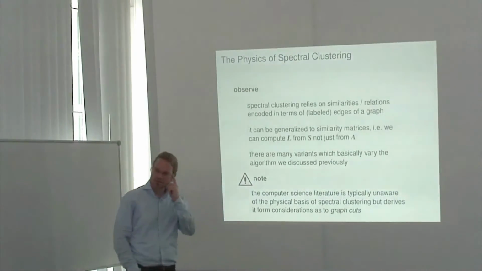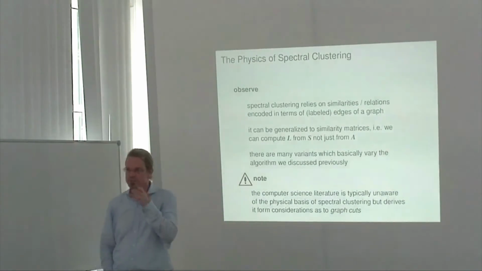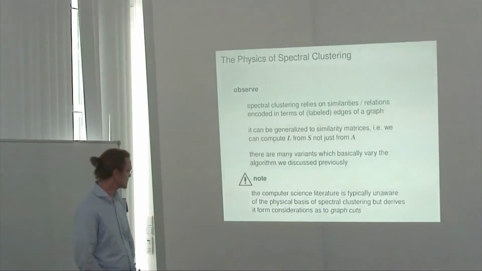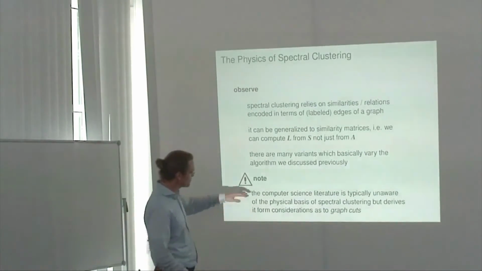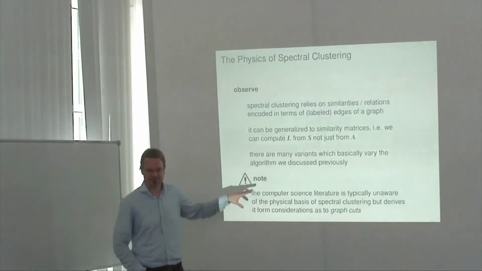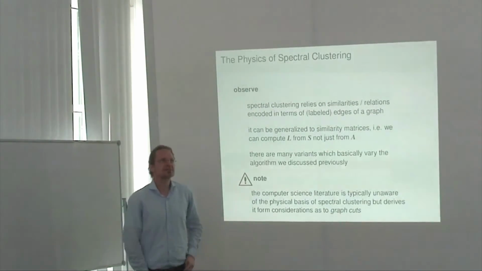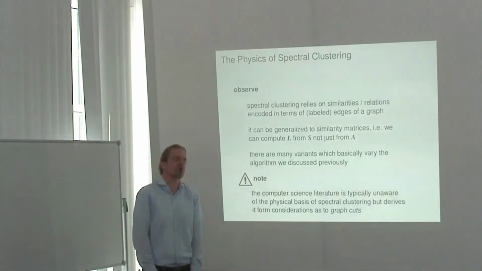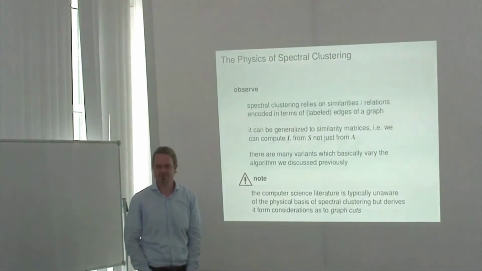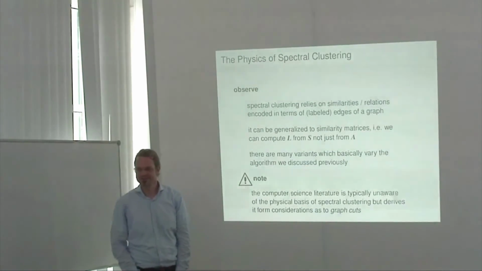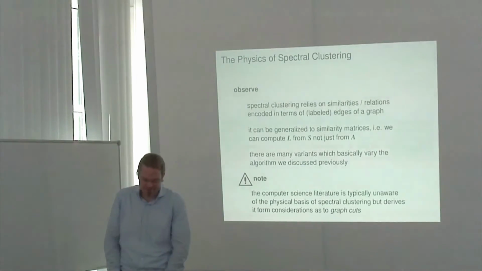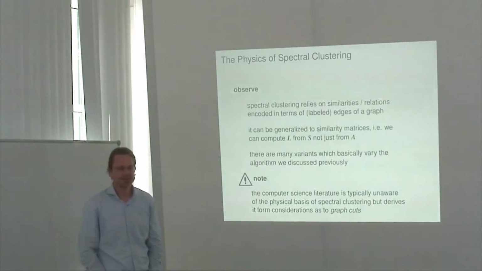The funny thing is, and this is always baffling to me, but once again I studied computer science and physics, if you read about why spectral clustering works in the computer science literature, it's such a convoluted argument, it is almost maddening. I consider it laughable.